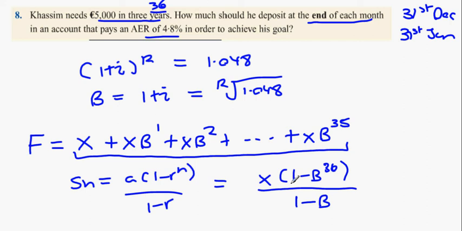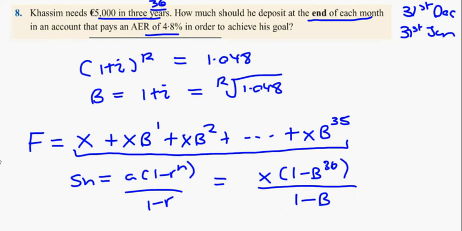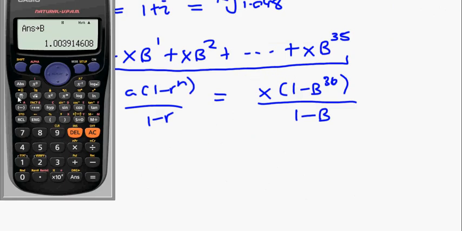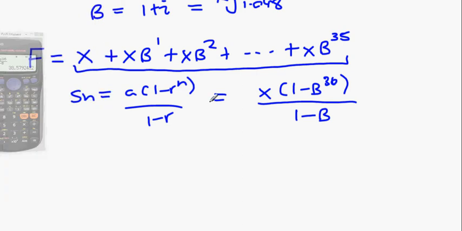We're going to put this part directly into the calculator and see what we get out. So 1 minus b to the power 36, all over 1 minus b. And what I get here is 38.58.